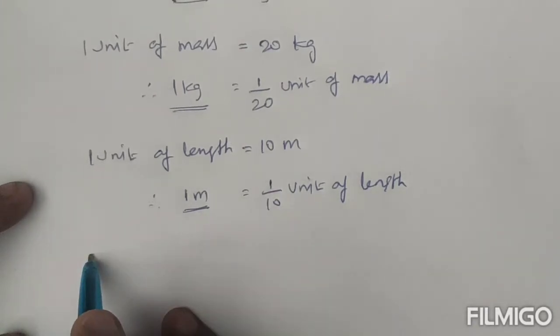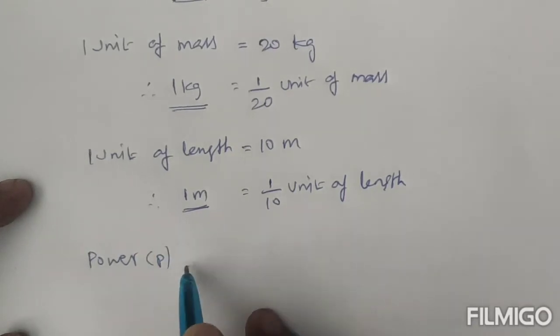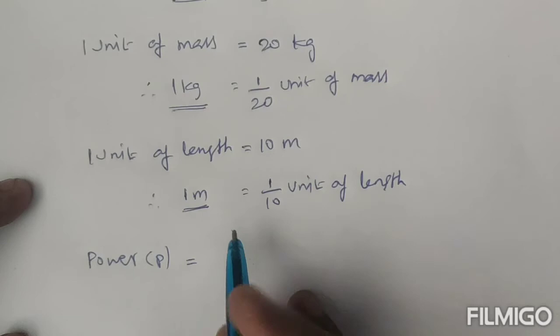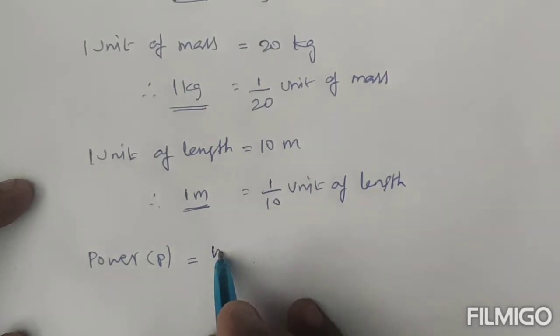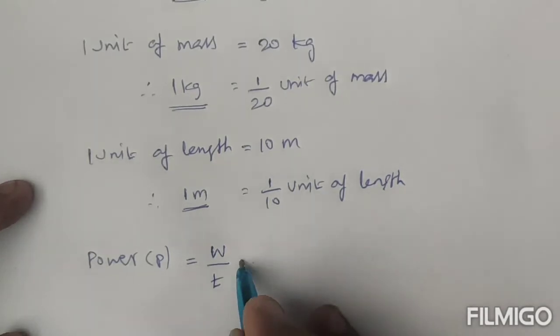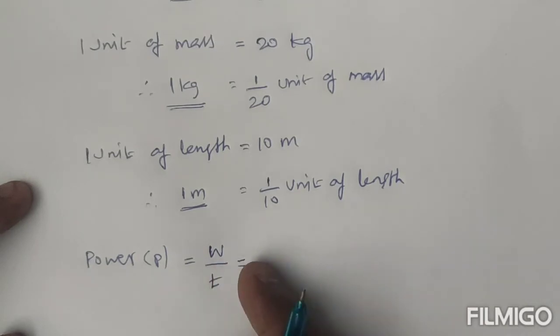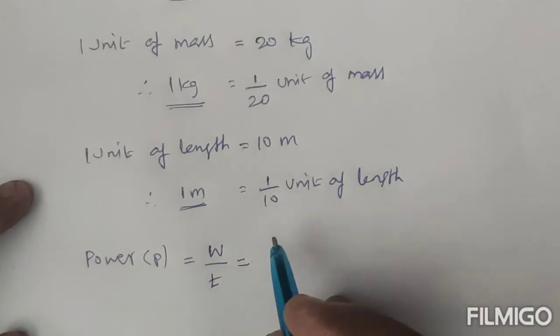So generally you know the power formula is work done divided by time. Work done unit is joule, or otherwise Newton meter.